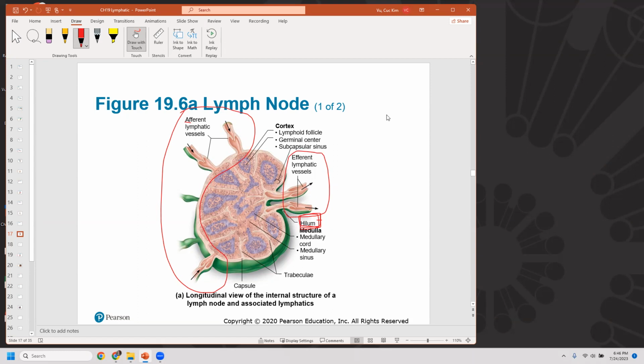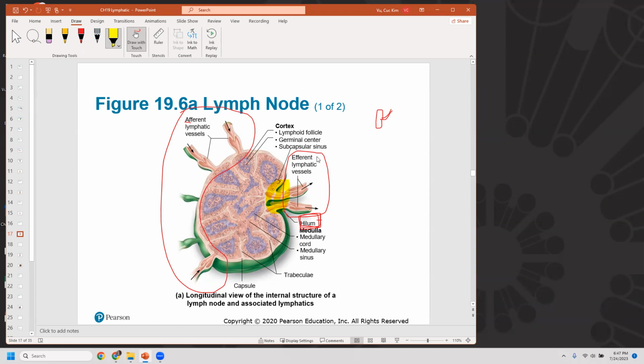So for example, the kidney has a hilum where you'll find the blood vessels as well as the ureter moving out. Okay. So you can see that there's a lot more going into the node than going out. That's one major difference.